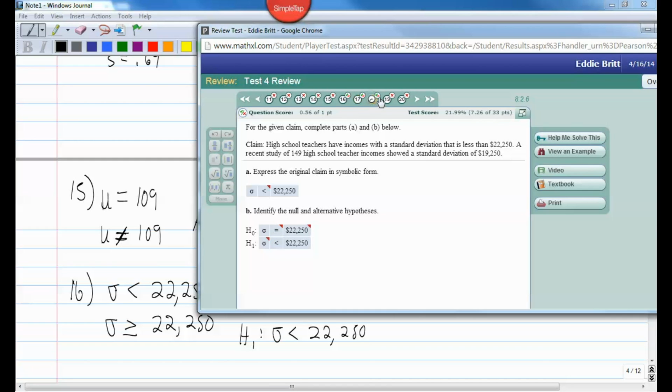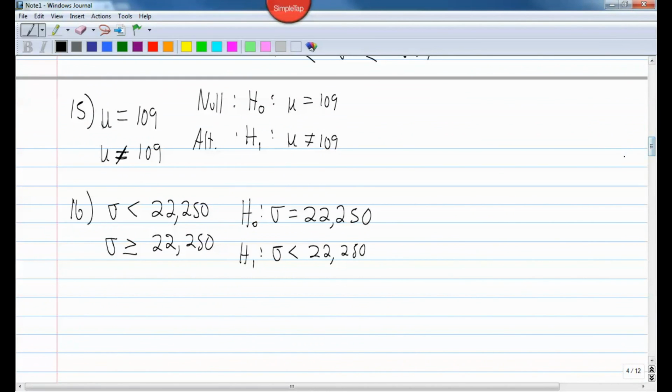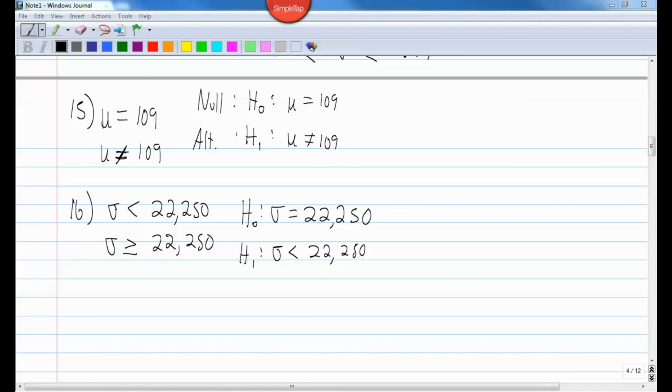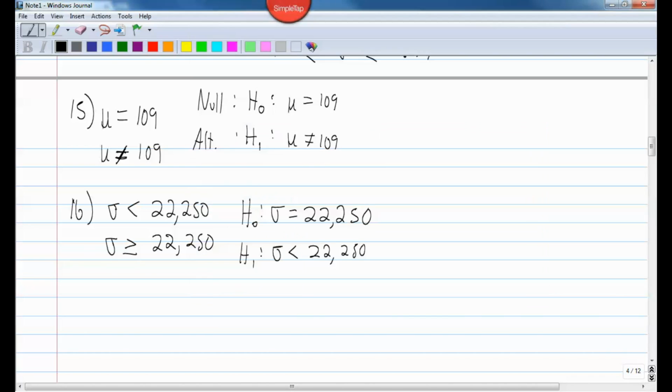All right, here's another one. Here's the claim. At least 26% of internet users pay bills online. At least 26% of users. Now, percentage. So what is that percentage? That is a proportion. So 26%.